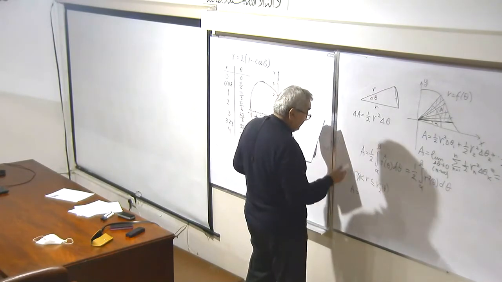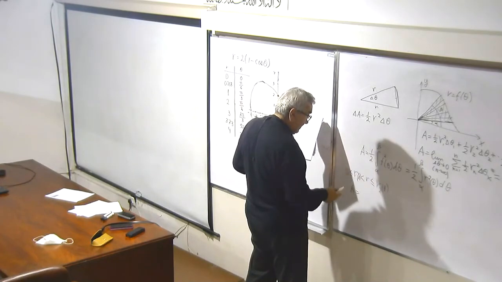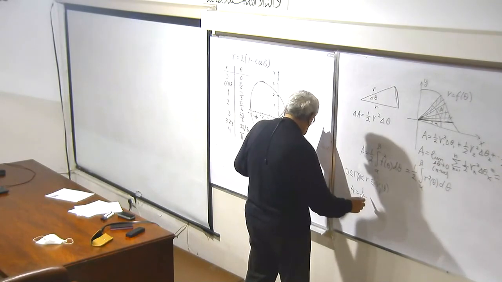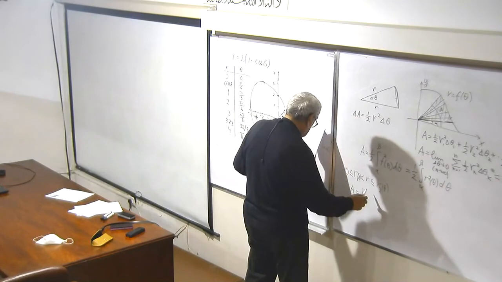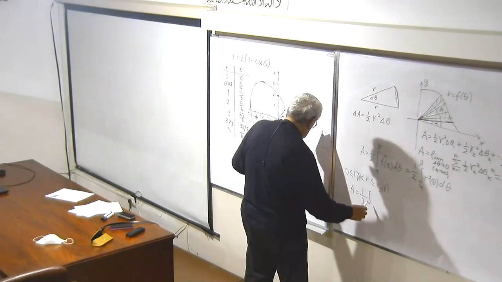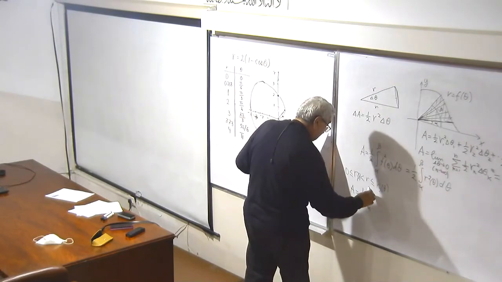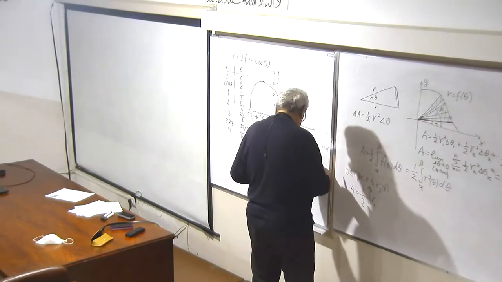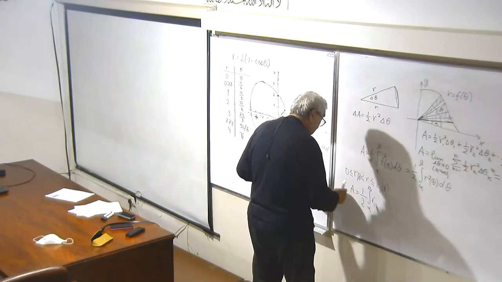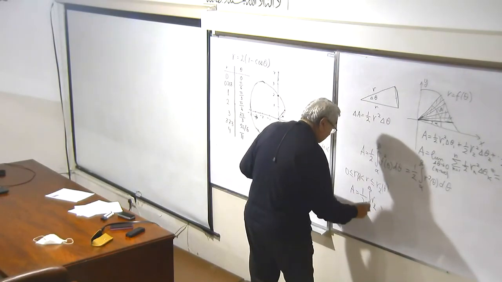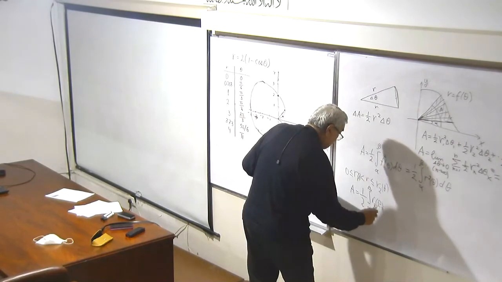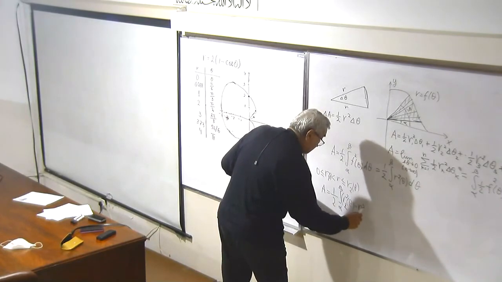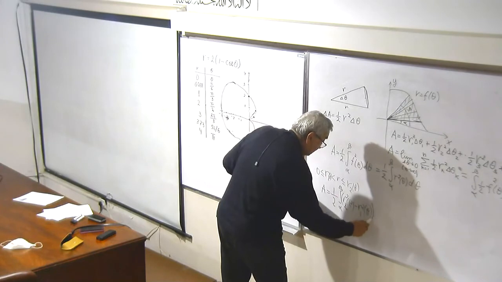will be 1 by 2 integral from alpha to beta of R2 theta square minus R1 theta square d theta.